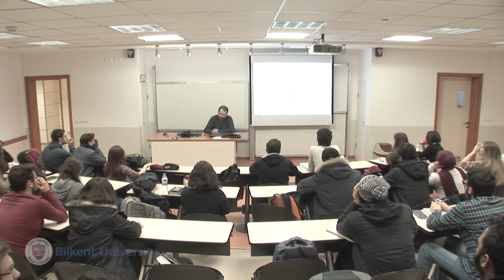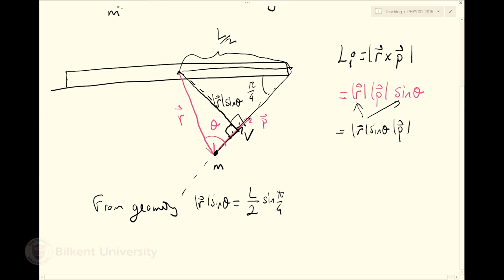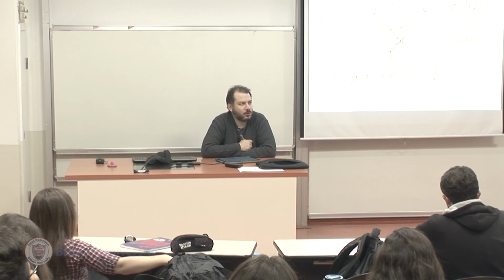Apparently, from geometry, r magnitude sine theta always remains L over 2 times sine pi over 4, which is 1 over square root of 2. So it's going to be L square root of 2 over 4. Does everyone follow the logic here?